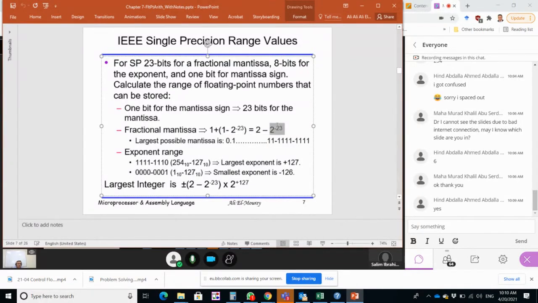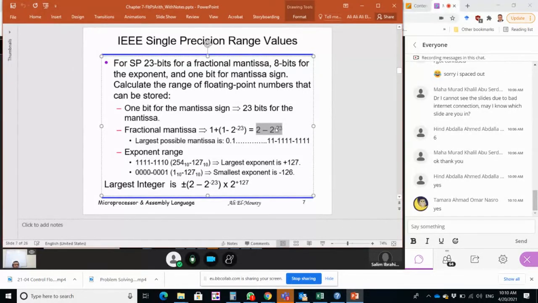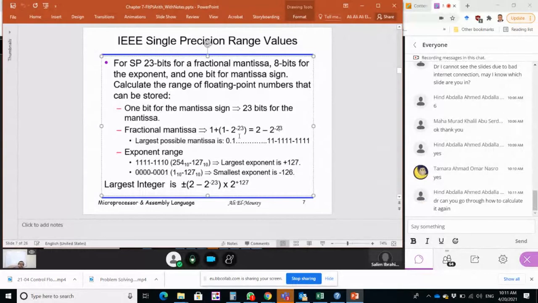Of course, 2 to the power minus 23 is a very small number. So the value of the fractional Mantissa is almost 2. Right? Why? Because 2 to the power minus 23 is a very small number. So the maximum fractional Mantissa is almost 2.